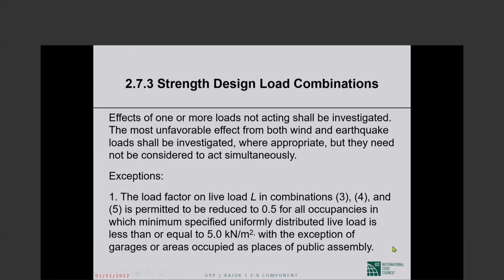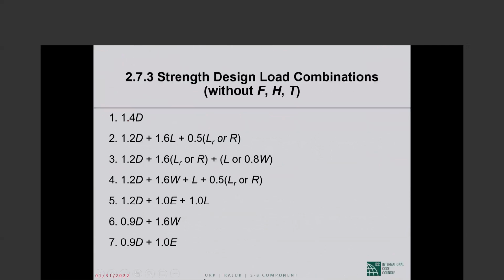Now, in the strength design load combinations, there are some exceptions. The live load factor is shown as 1.0. Here it is 1.0, here it is 1.0, here it is 1.0.